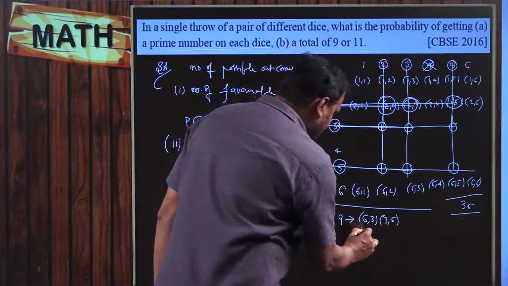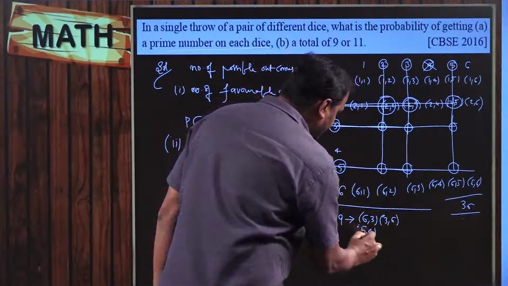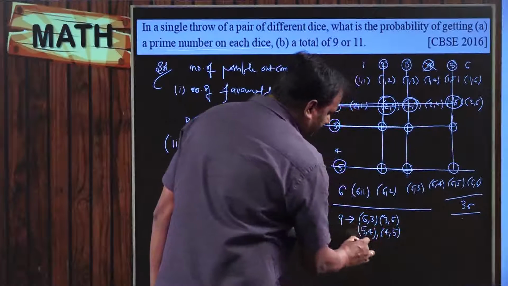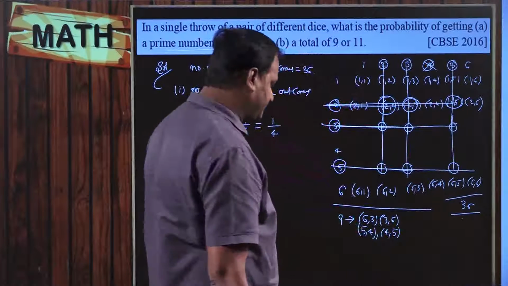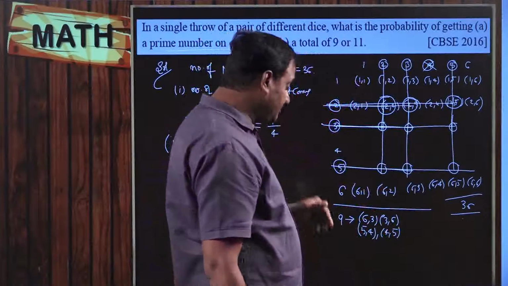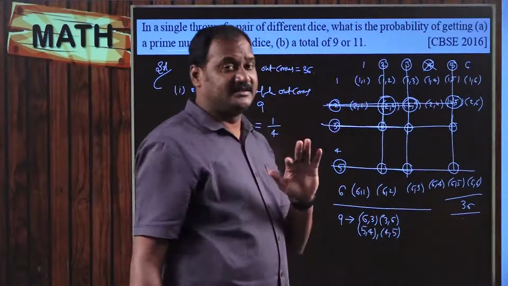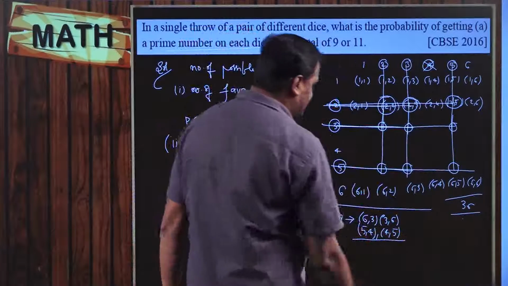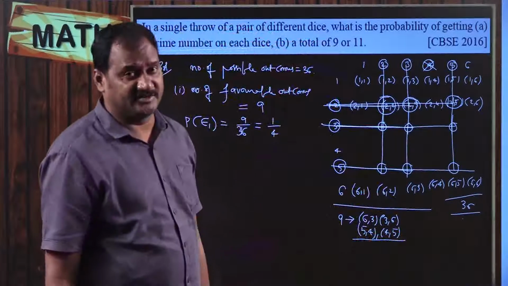And with 5, 5 comma 4 is one outcome, as well as 4 comma 5. With 4, of course 4 comma 5, 5 comma 4. With 3, 3 comma 6, 6 comma 3 is already counted. With 2, 2 plus 7 is equal to 9, so 7 is not there. So these 4 are the possible outcomes whose sum is equal to 9.